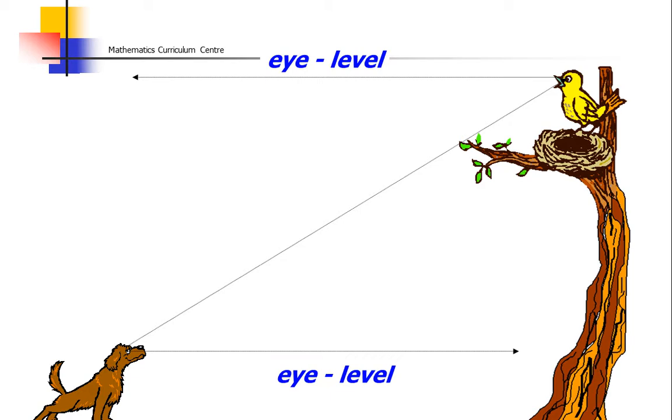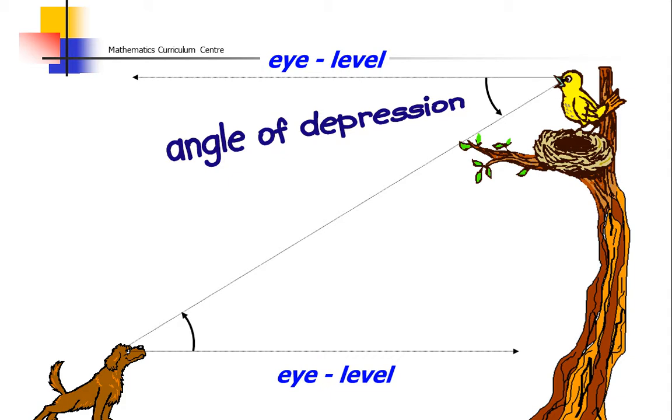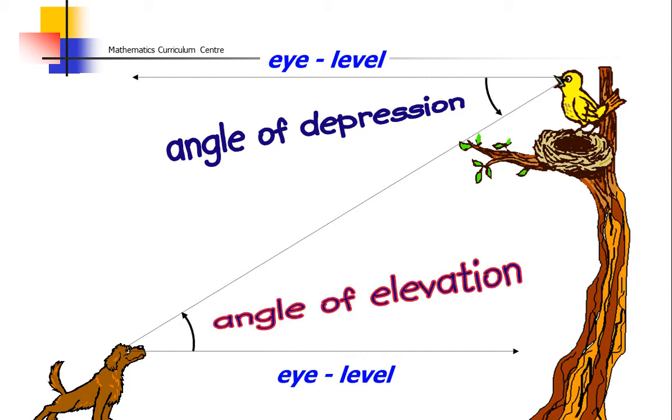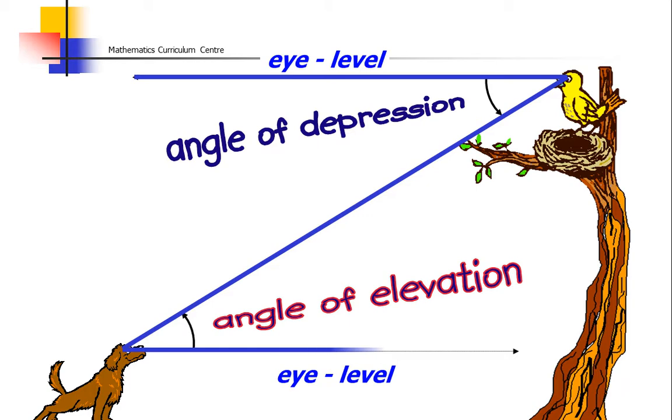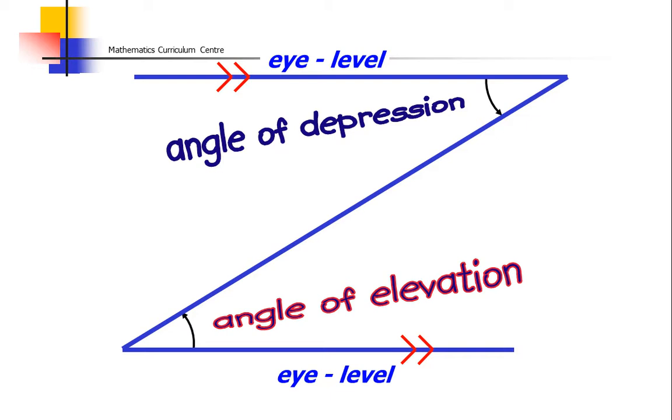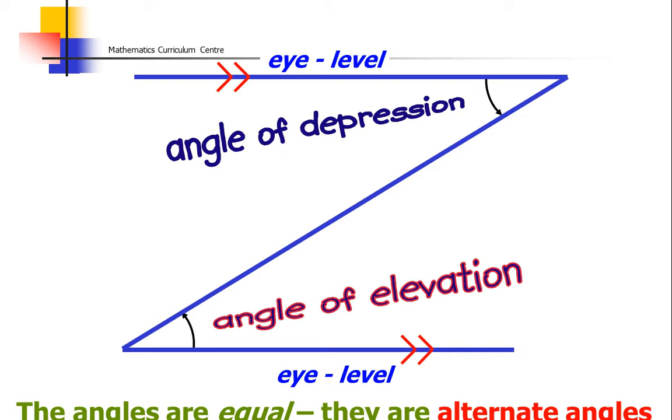You can see that Z, or the formal name, alternate interior angles. So we can assume that the angle of elevation and the angle of depression are congruent because they are alternate interior angles, and there's that big Z that we always look for. The lines are parallel, and the angles of elevation and depression are alternate interior angles. That's important to remember.